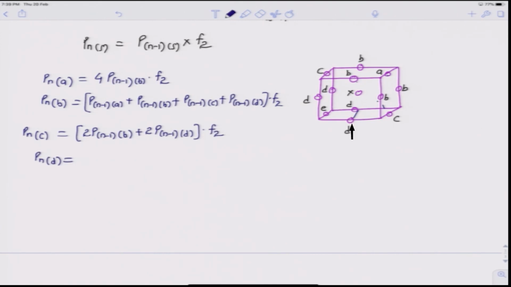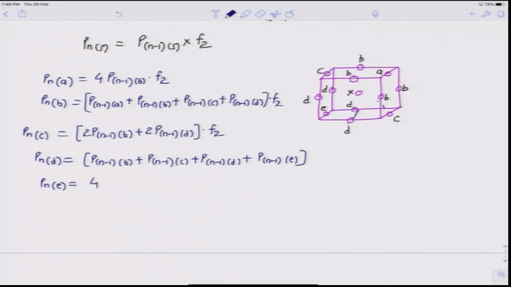Pn of D would be, if we consider any D atom, the common nearest neighbors are B, then C, D and E. So, we have Pn minus 1 of B plus Pn minus 1 of C plus Pn minus 1 of D plus Pn minus 1 of E, and for E atom, if we find the common nearest neighbors of E and x, they are all 4 D type of sites.